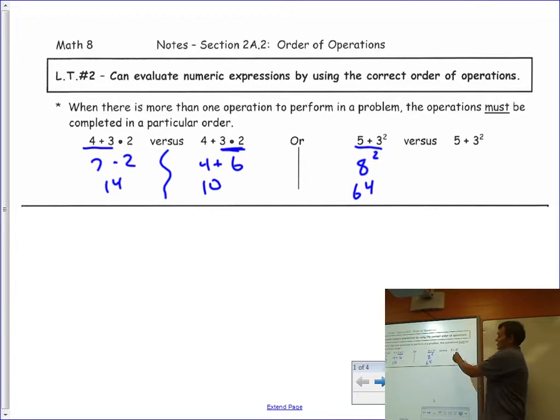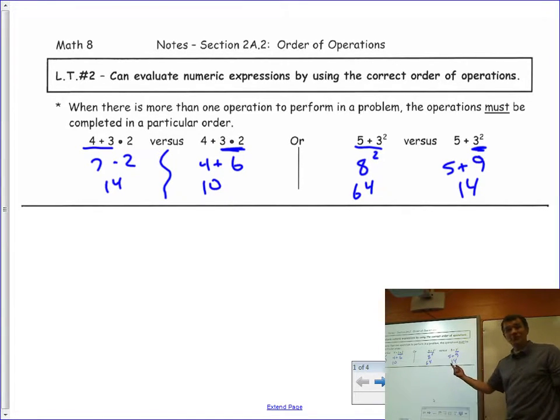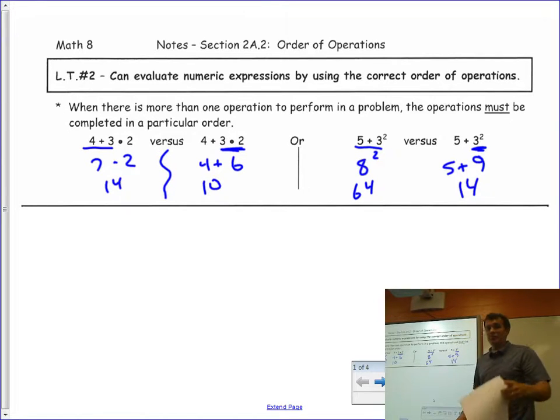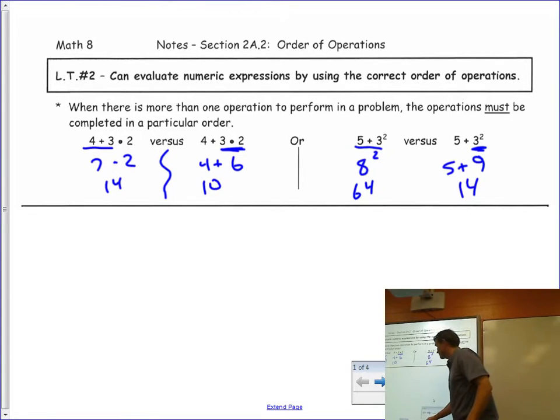Or should I do the 3 to the second power first, get 5 plus 9, and then do 5 plus 9 and get 14. Do we know which one's the right answer? Well, we're about to find out if we're not sure.